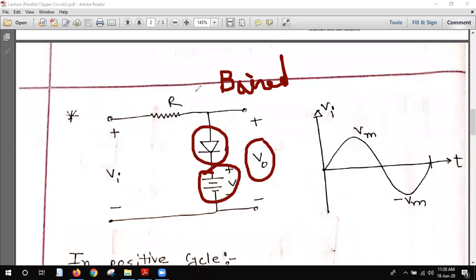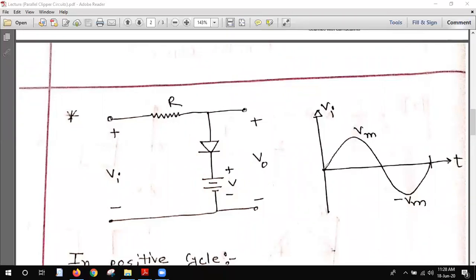That's why it is known as parallel biased clippers. Let me tell you that this is the input voltage, the sinusoidal voltage, and we will discuss again. You have to discuss the positive cycle and the negative cycle separately, so that will help you to understand easily.